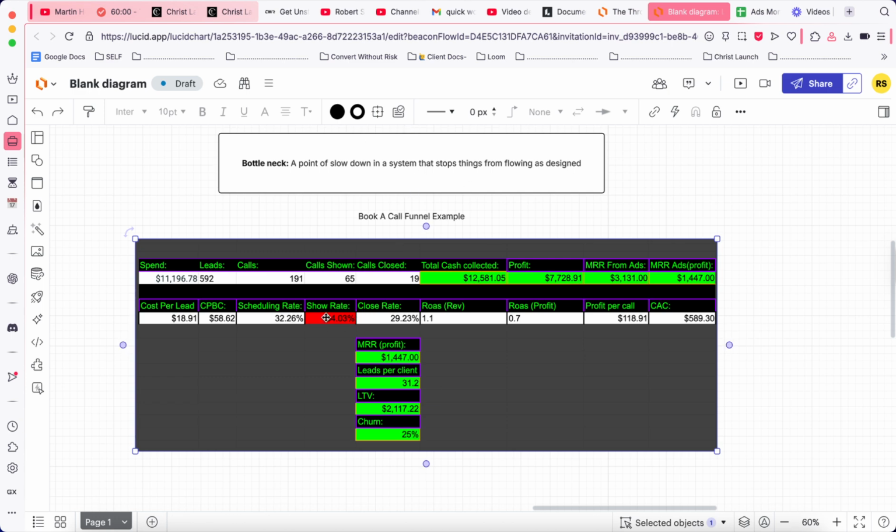The show rate was very important, but the biggest thing is the average cash collected, which was my pricing. So this had a pricing issue and a show rate issue. I did the math, and if both of these were fixed, the show rate and the pricing, this funnel would have made about $56,000 in revenue and $23,000 in profit.